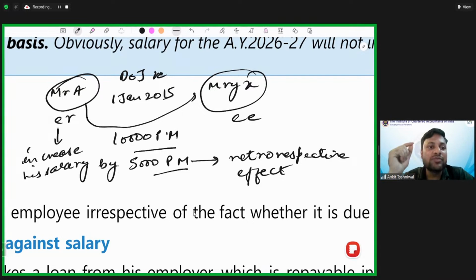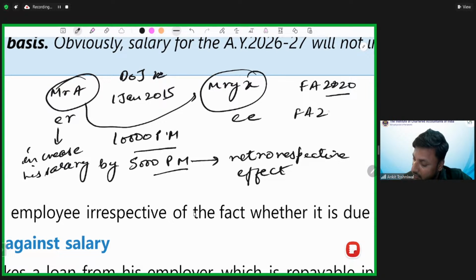If any section comes with retrospective effect, what does this mean? For example, if a section is inserted in Finance Act 2020, and in Finance Act 2024 there is some retrospective effect regarding that section, what does this mean? Is that section applicable from the Income Tax Act 1961?